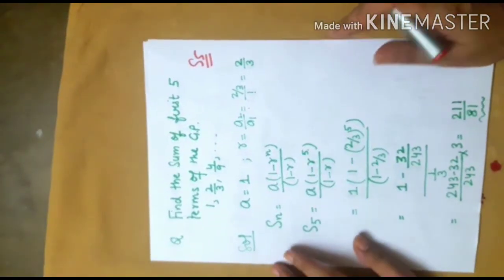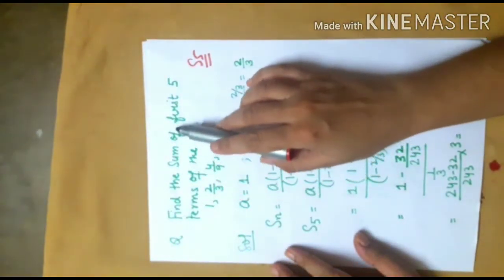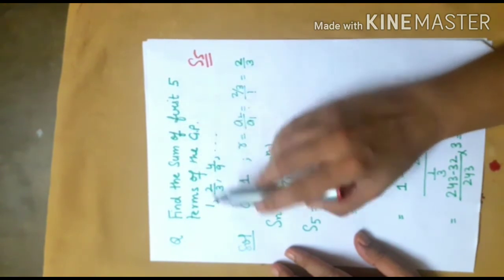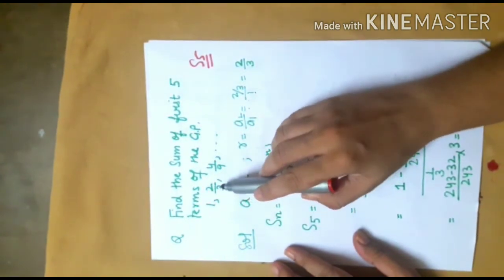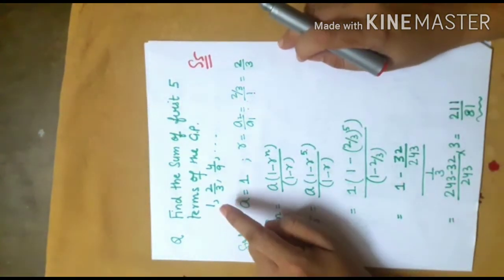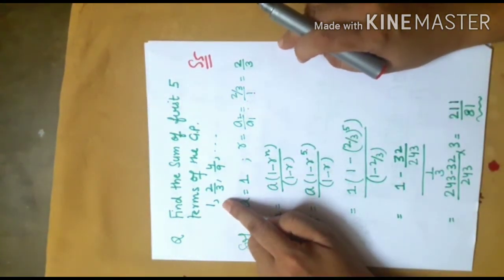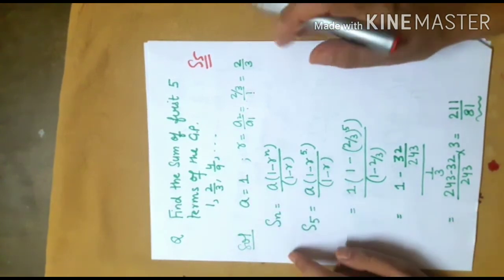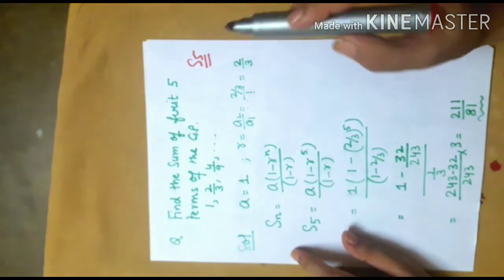Now let's take the question. Find the sum of first 5 terms of the GP 1, 2 by 3, 4 by 9. For this GP, I need to compute the sum of first 5 terms. That is, I need to compute S5.